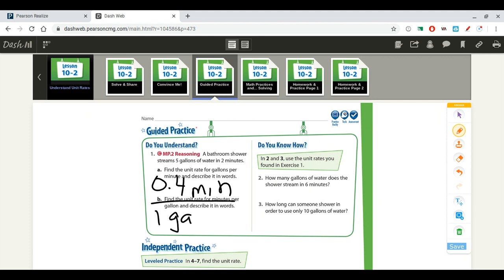And I'm looking to find how many minutes it will take me to get to 10 gallons of water. And so when I get to 10 gallons of water, I end up with 4 minutes. Okay, so that's how we're going to find our unit rate. So to find a unit rate, you're going to divide by the value that you are looking for. So it's going to be the one of days.